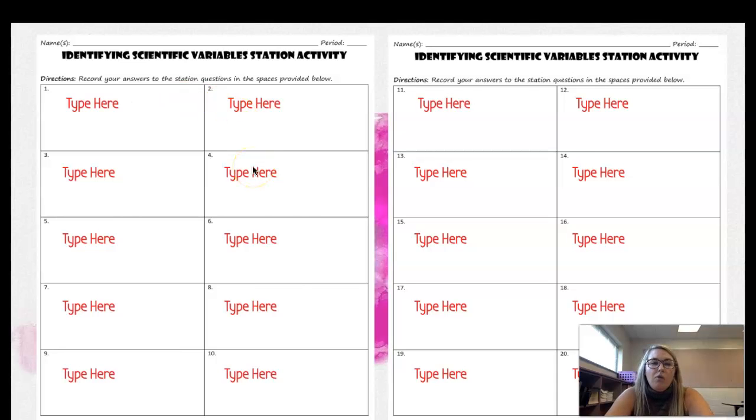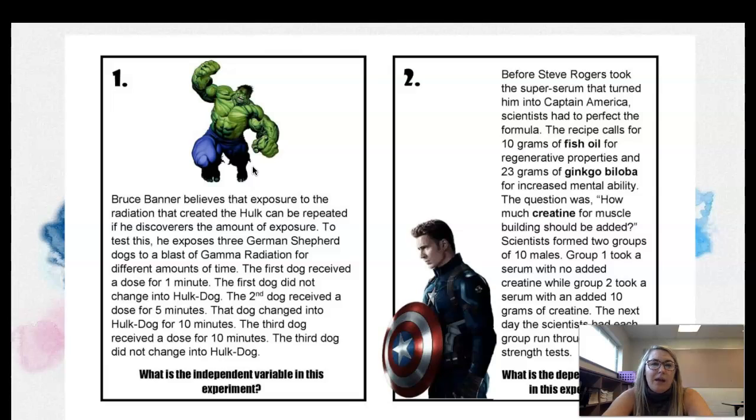I'm going to go over one with you and explain how these work. For the first one, it said, Bruce believes that exposure to the radiation that created the Hulk can be repeated if he discovers the amount of exposure. To test this, he exposes 3 German Shepherd dogs to a blast of gamma radiation for different amounts of time.